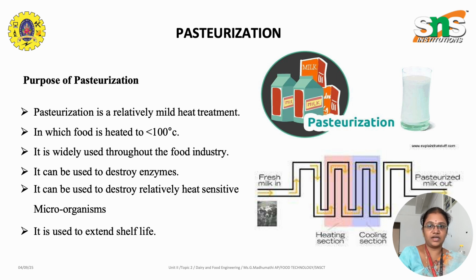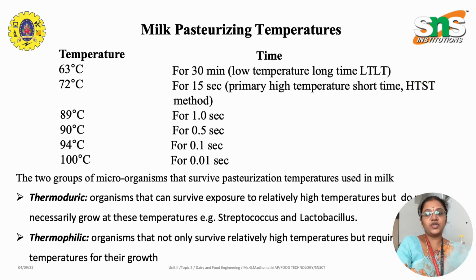This comes under the category of a very mild heat treatment process, since the temperature is less than 100 degrees Celsius. Mainly it is done to preserve the shelf life of the food.